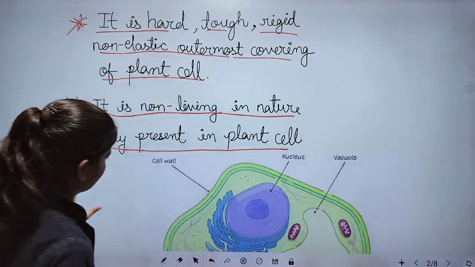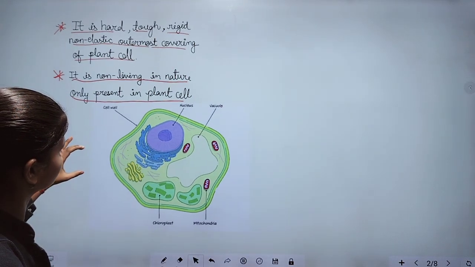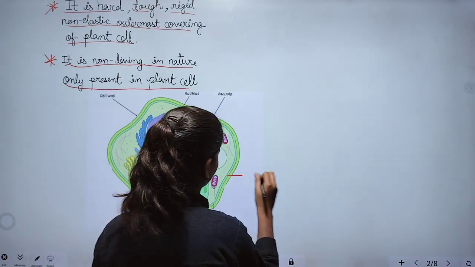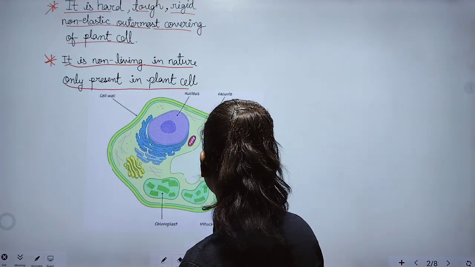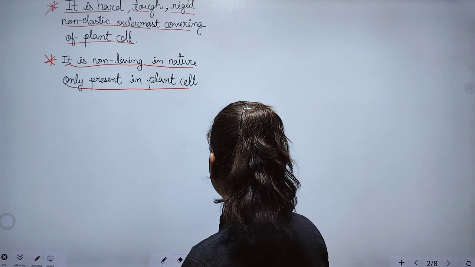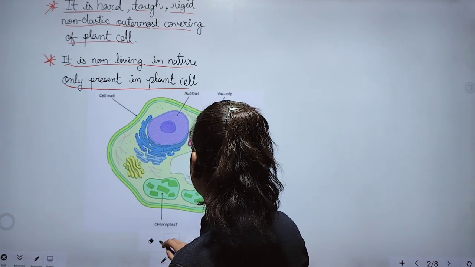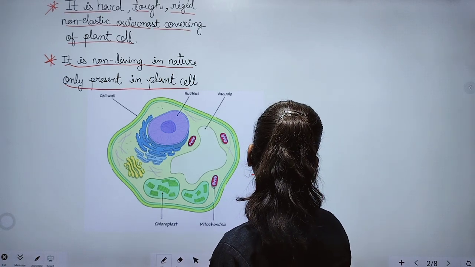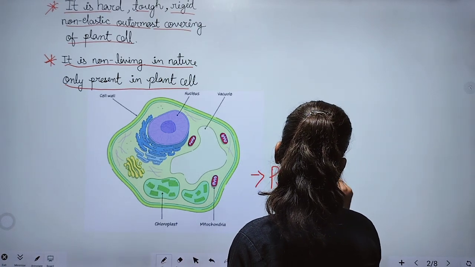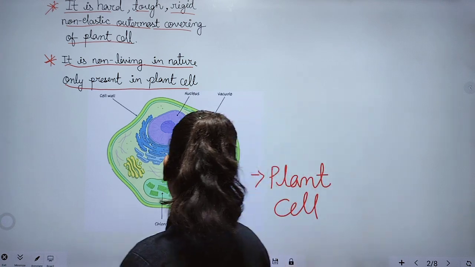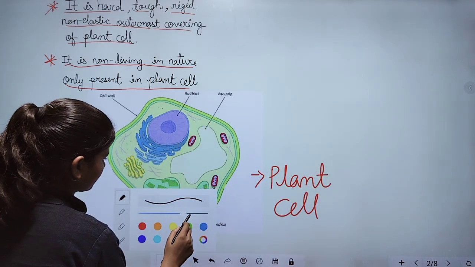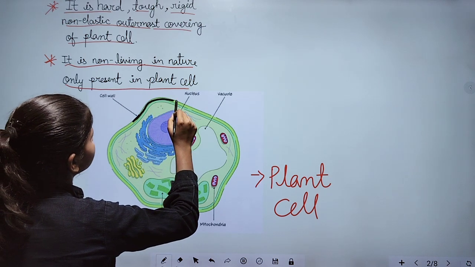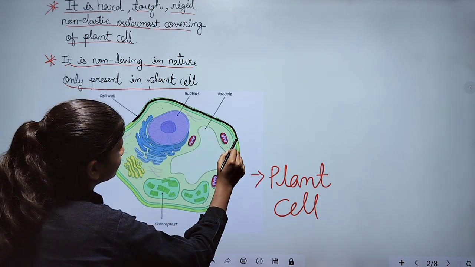Here you can see the figure of a plant cell. This one is the plant cell. And what is this?